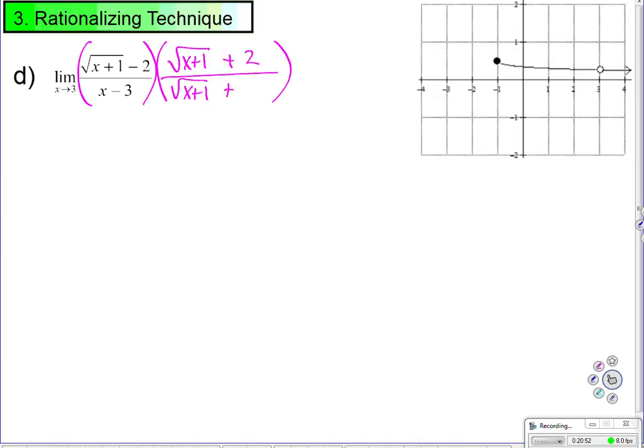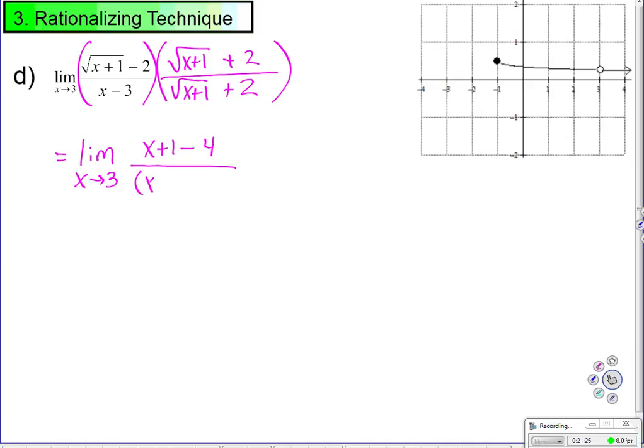I have to change this negative to a positive in order to get this technique to work correctly. Now, the limit as x goes to 3. First times first will give me x plus 1. The radical times the radical will become squared, and squaring the square root will cause it to go away. Then I get last times last will be -4. Middle terms, of course, had gone away.